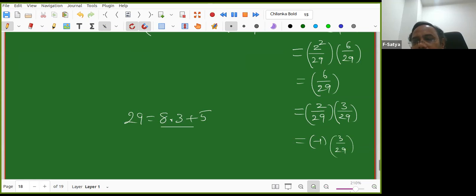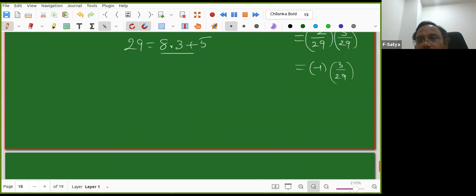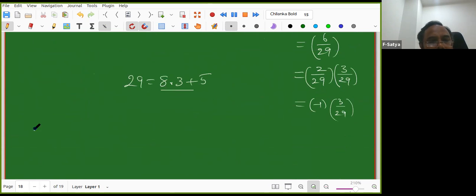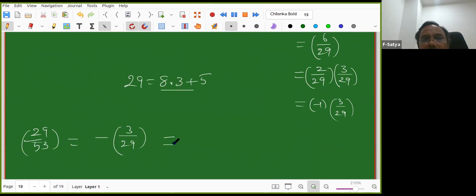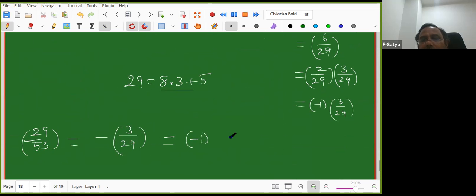So finally, my original problem 29 by 53 now boils down to minus 3 by 29. But we can do further, right? Flip it again. So I have (-1) to the power 3 minus 1 by 2 into 29 minus 1 by 2.